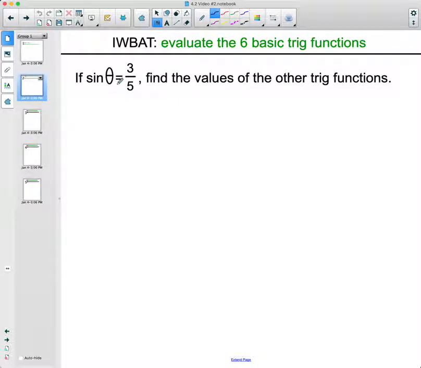So what I suggest is creating a right triangle and then filling in what you know. In the near future, like next video, we are going to be looking at triangles in the XY axis.